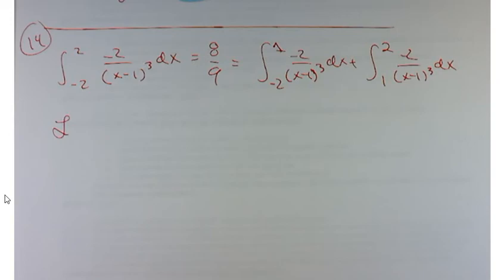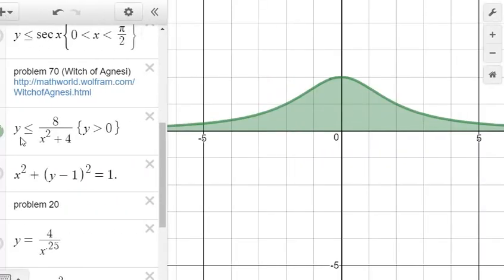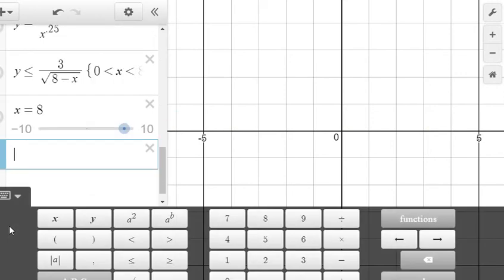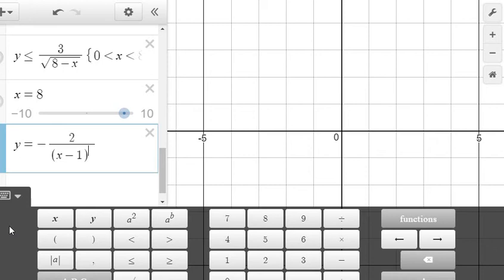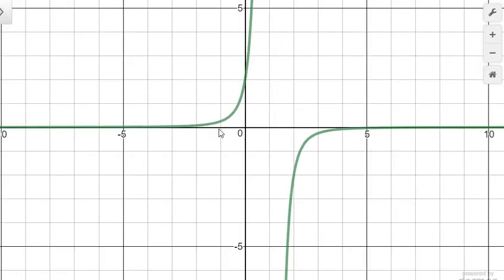Yeah, well, what'll happen, it's a good question. Let's take a quick look at the graph here. Let's put that down here. We have y equals -2 over (x minus 1) cubed. It actually has a vertical asymptote here at x equals 1.